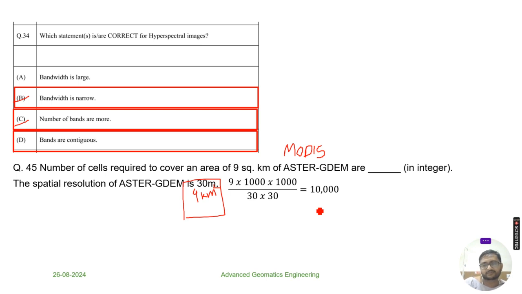You can search also. MODIS has a resolution of 250 meters.